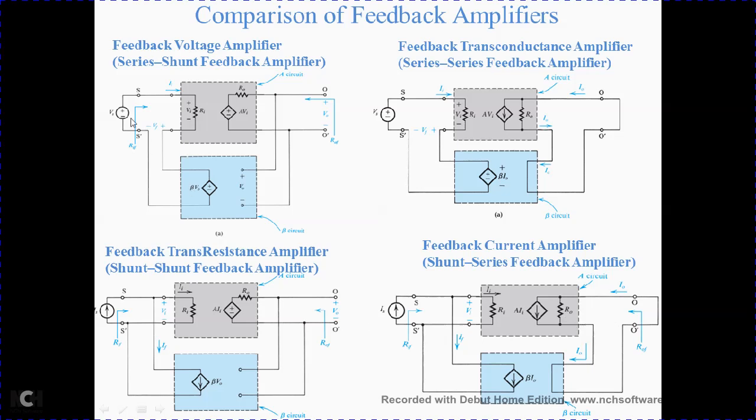Here we are using a voltage source for the voltage amplifier, current source for the current amplifier, transconductance is voltage to current, trans resistance is current to voltage. These things you should remember, which will help you to write correctly in the examination.